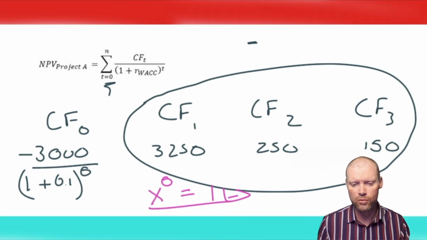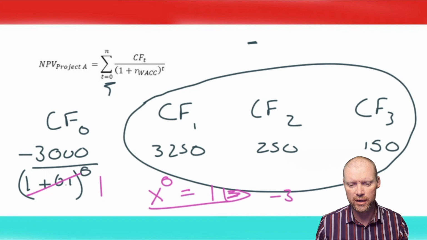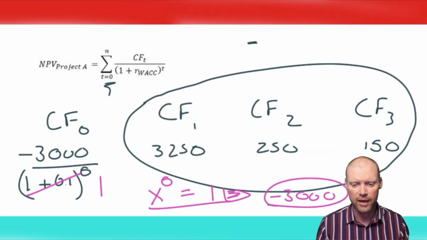If you're not sure why that is, have a look at this video. Okay, so this evaluates to 1. In other words, you will remain with minus 3,000 here, just through a use of a little bit smarter mathematics. But you need to be aware of some of the exponent rules here.